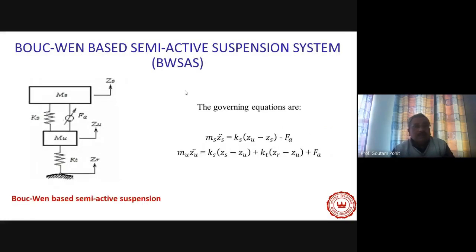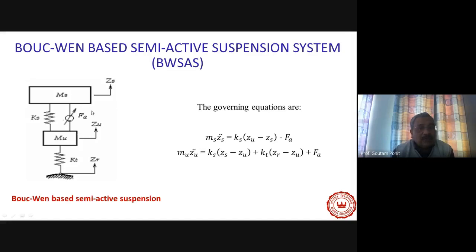So there is a little modification to the passive damper, and the equation of motion will be changed to this one. Okay, this is the governing equation of motion for a quarter car model, 2-degree-of-freedom system, semi-active with the Bouc-Wen model.